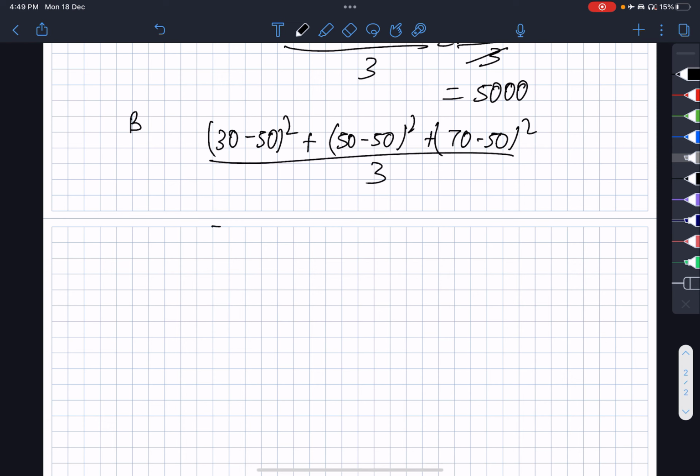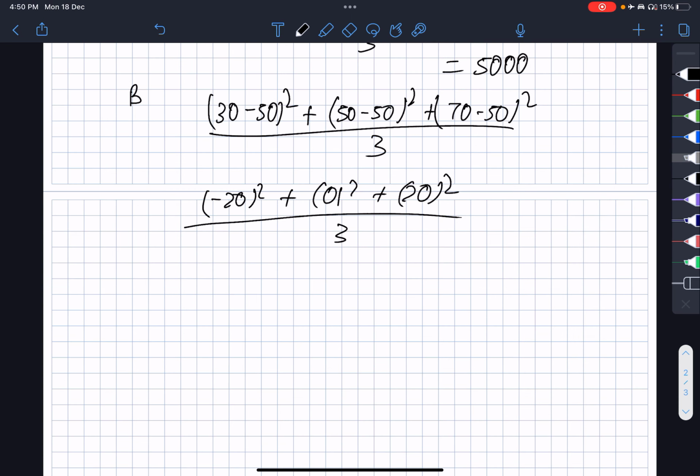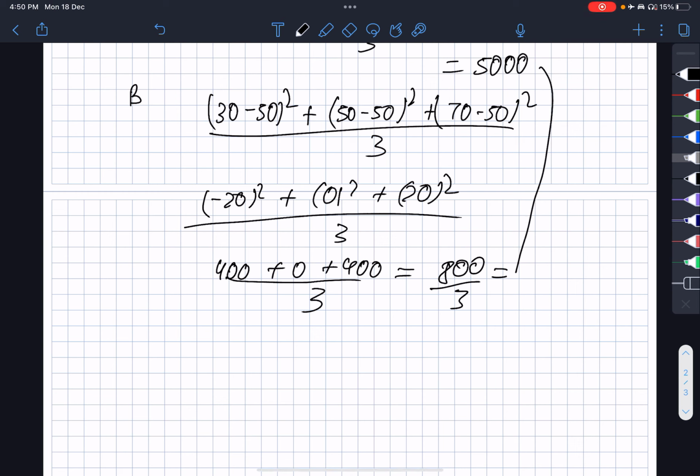So minus 20 squared plus 0 squared plus 20 squared, by 3. 20 squared is 400, plus 0, plus 400, which is nothing but 800 by 3. So if we divide it, definitely it will be lower than 5,000. It's never going to touch 5,000; it will always be less than 5,000.